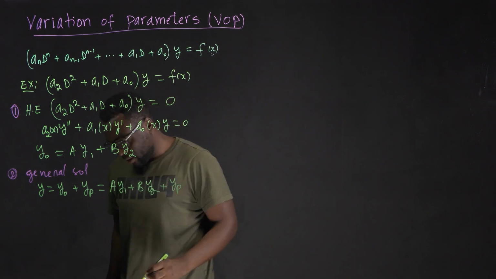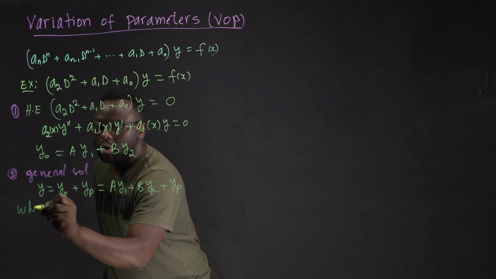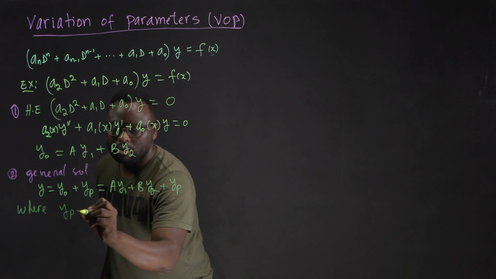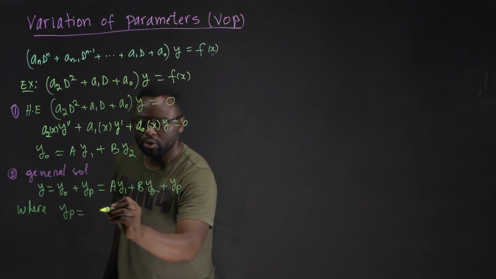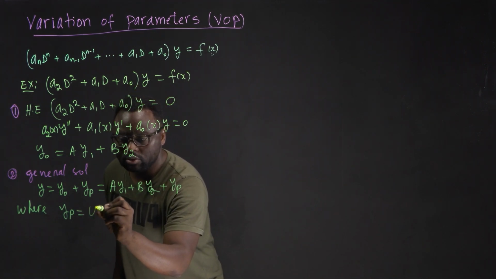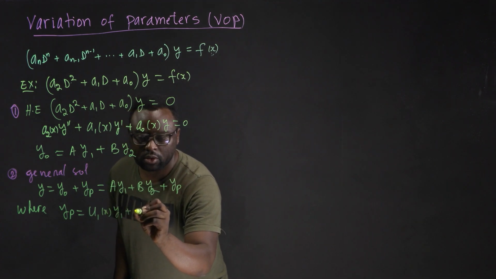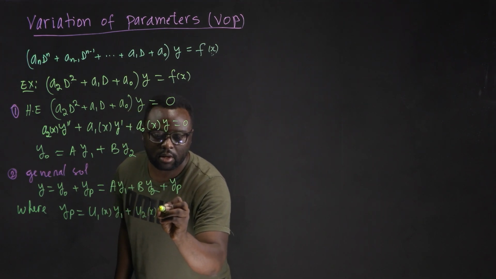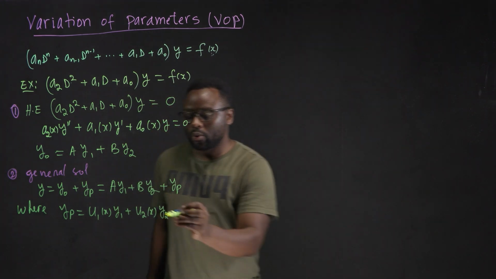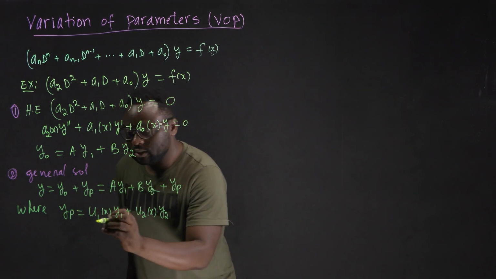So we are looking for yp, where we introduce new functions. We consider that yp is u1 of x times y1 plus u2 of x times y2.